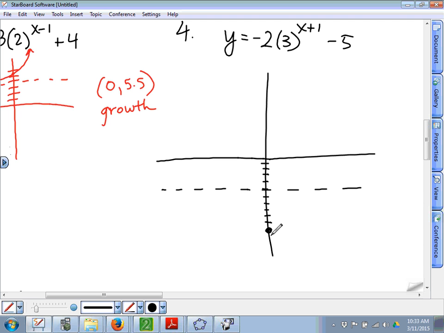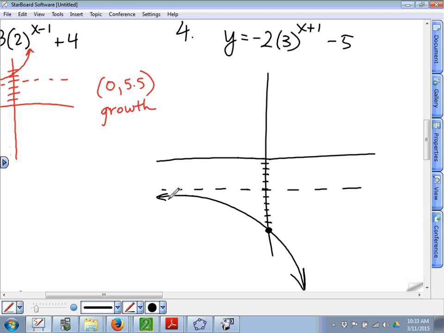Hey, I got a question for you. Normally, exponential graphs are above that horizontal line here. Why is this one below it? Because it's negative 2. So your graph ought to look something like that. Exactly. Nice.